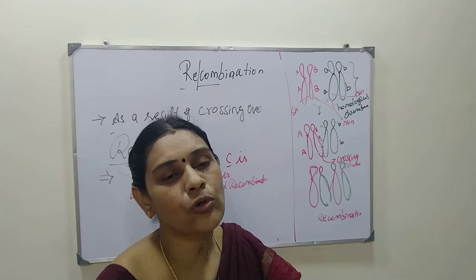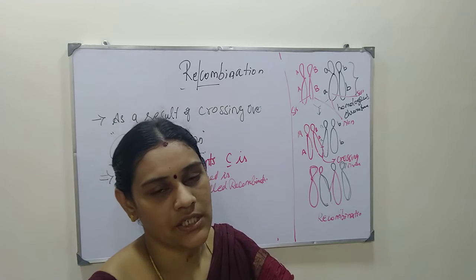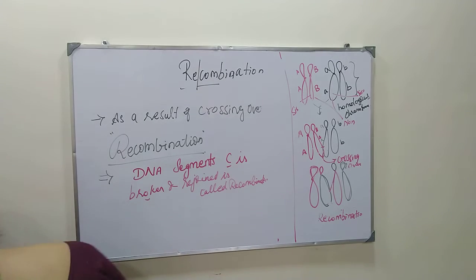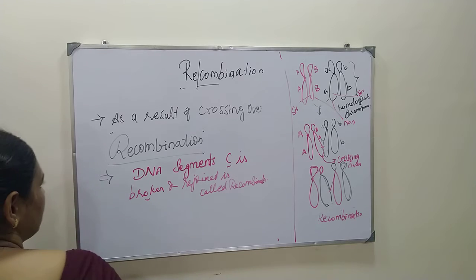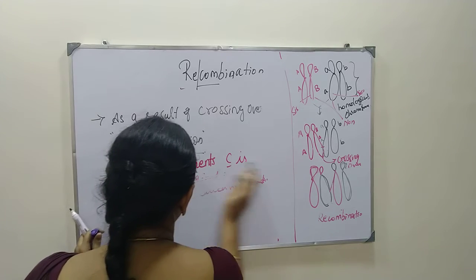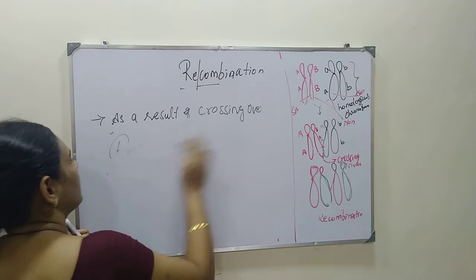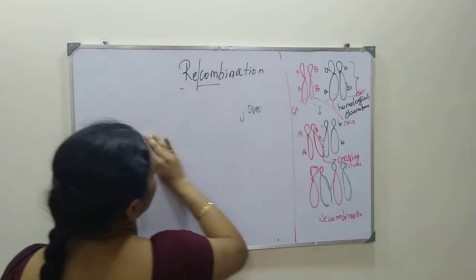And you should know how to calculate recombination. You can calculate it as the percentage of recombinant progeny.